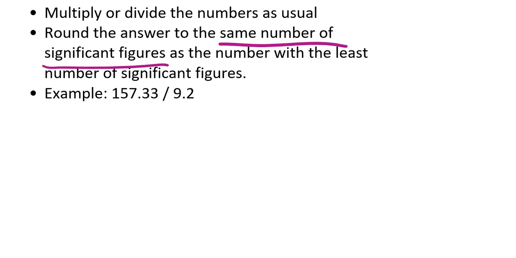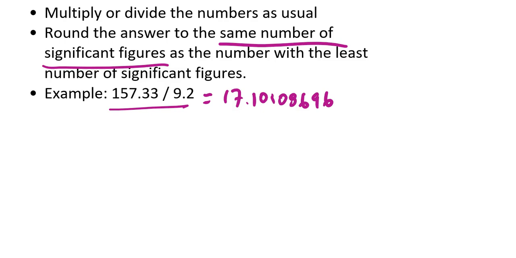So, for example, if I were going to divide 157.33 by 9.2, if I punch that into a calculator, I get 17.10108696.